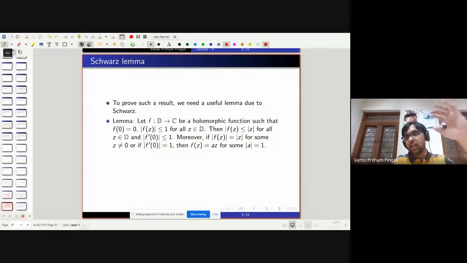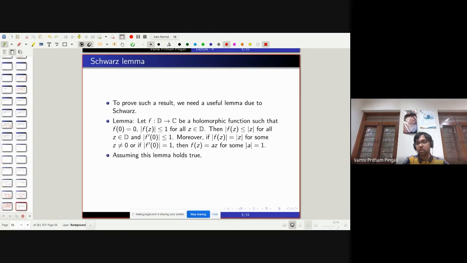So I hope this statement of Schwarz's lemma is clear. Okay. Any questions about the statement before we move on to the proof? All right, so let's move on.